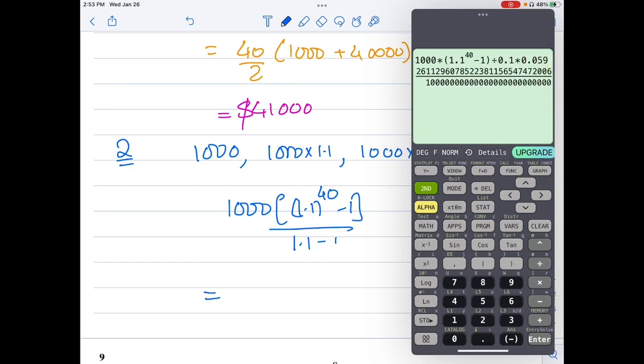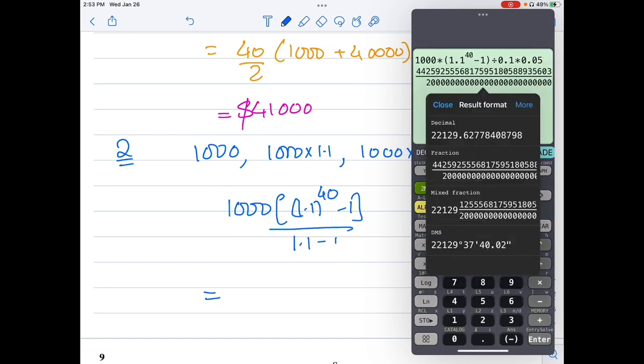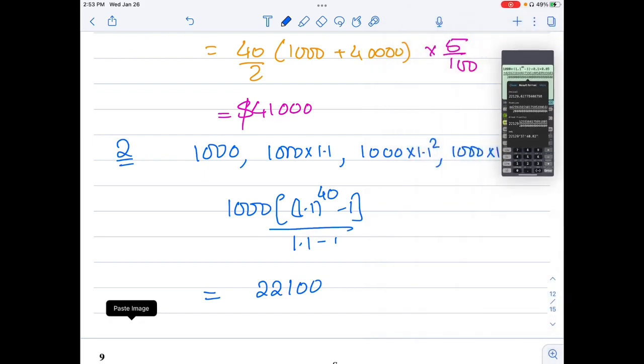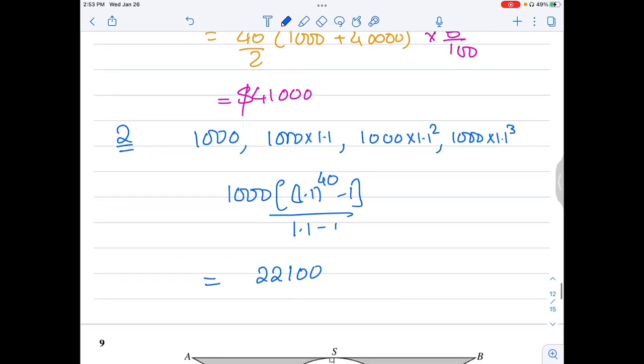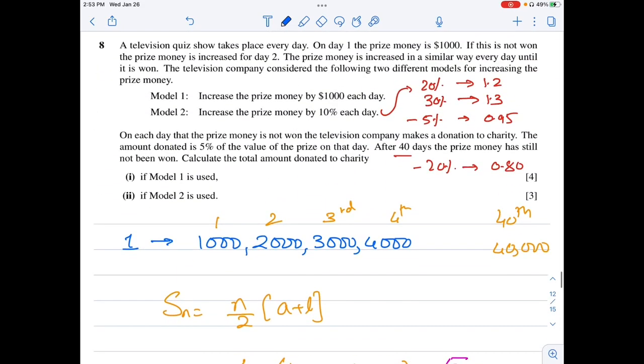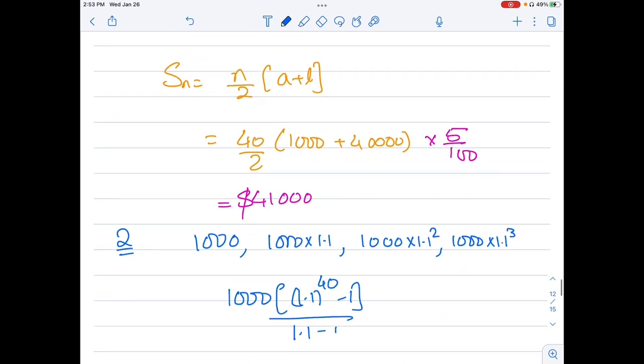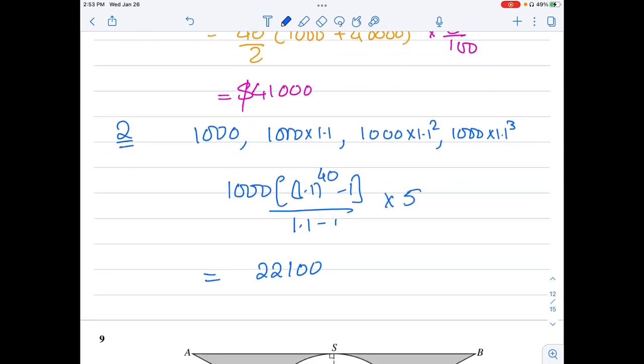The delete button is over here, so I got that. So it becomes 222,129. So 222,103 to three significant figures. I got that answer. Calculate the total amount donated to charity. So don't forget to multiply with 5%.